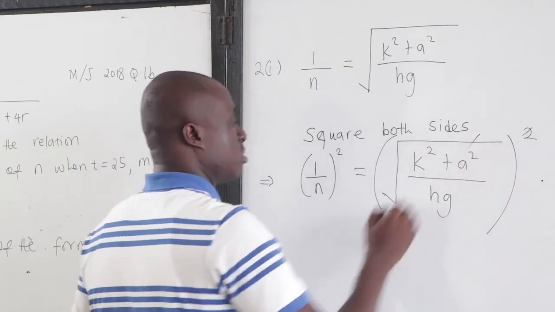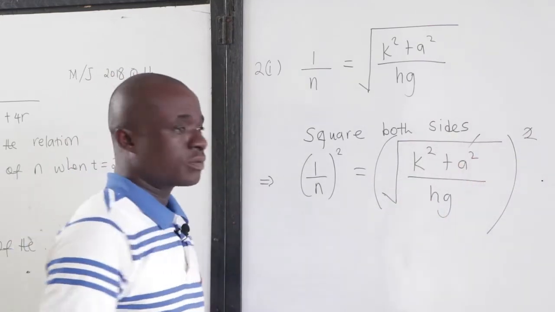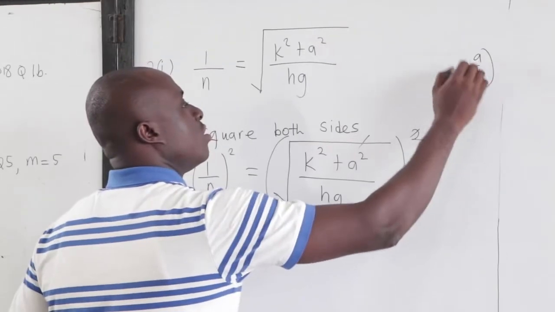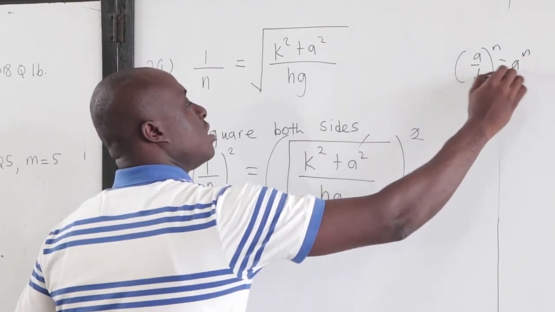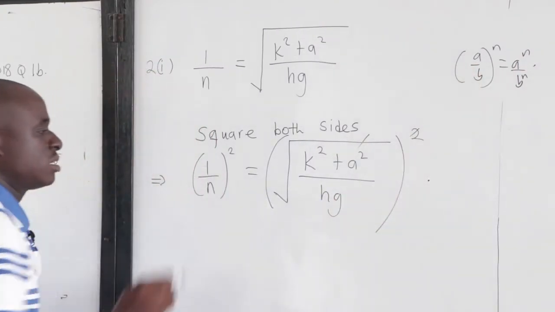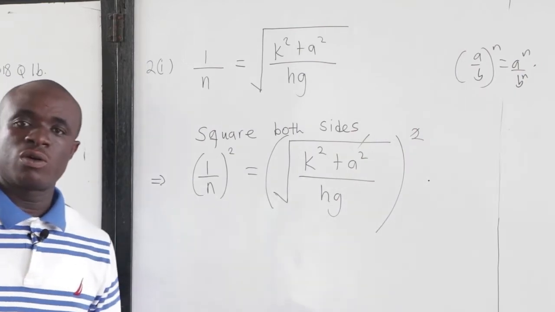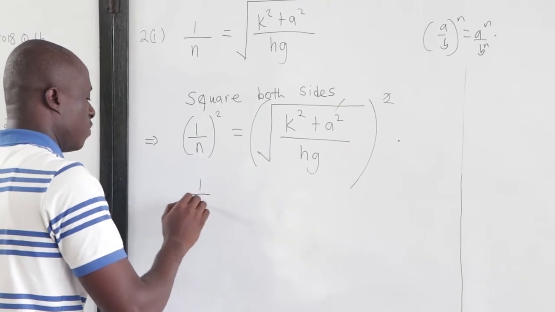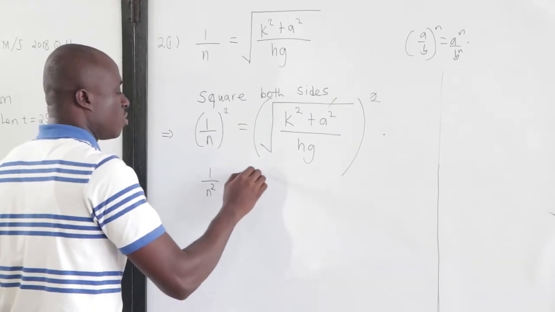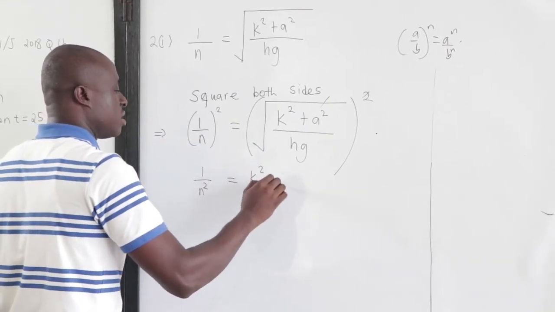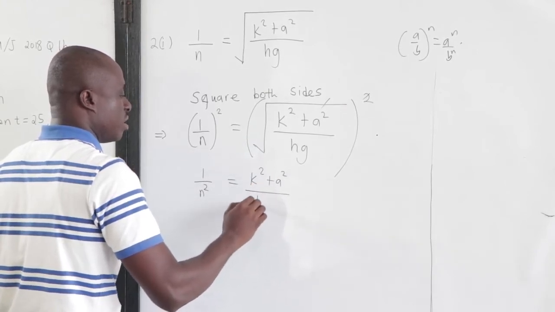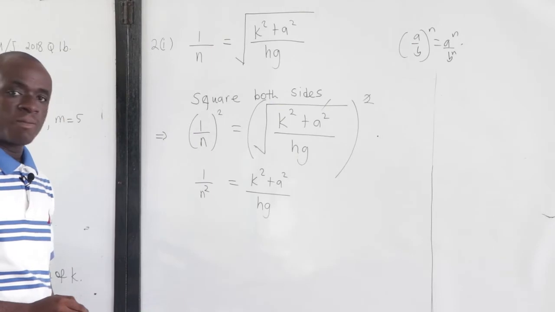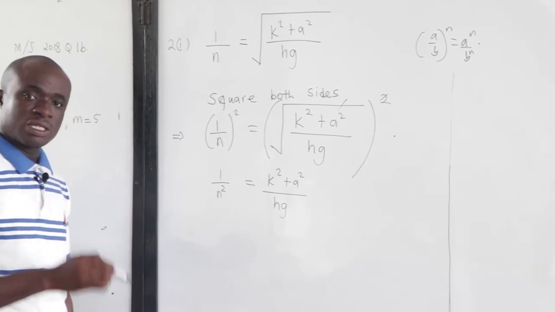So this will cancel that. Now, if you have a over b all to the power n, this is a to the n over b to the n. In the same way, this becomes 1 squared over n squared. But 1 squared is the same as 1, so you have 1 all over n squared equal to k squared plus a squared all over h j. We want to make h the subject. What do we do?